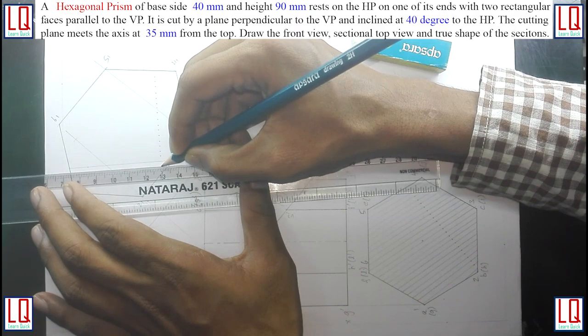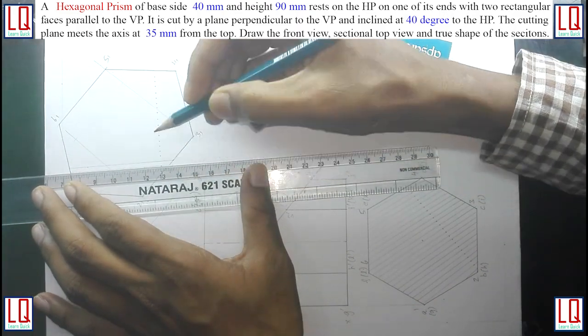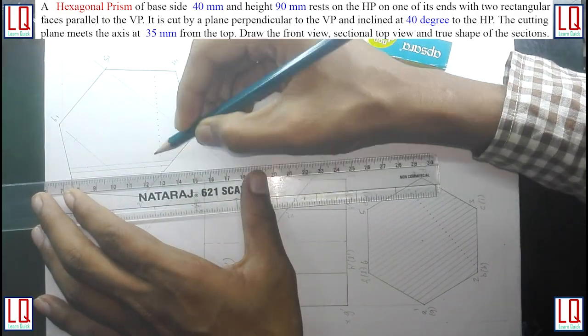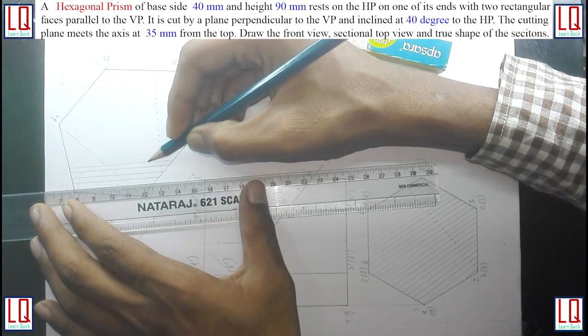Now hatch the true shape of the section by drawing parallel lines of equal distance at any angle between 30 to 45°.